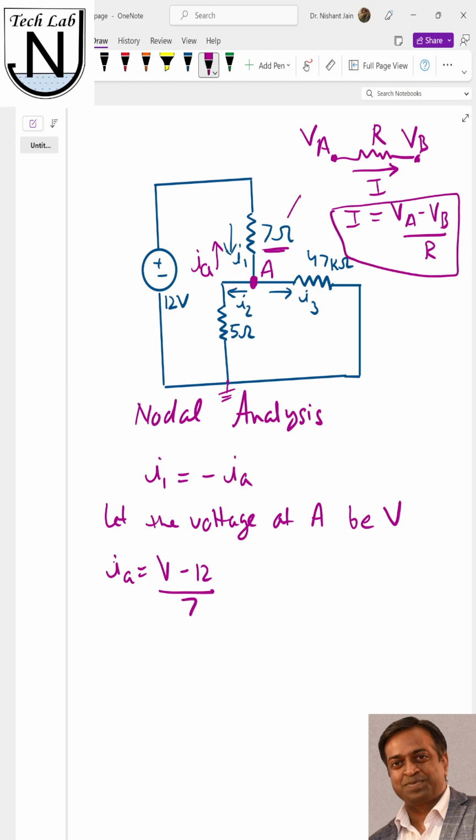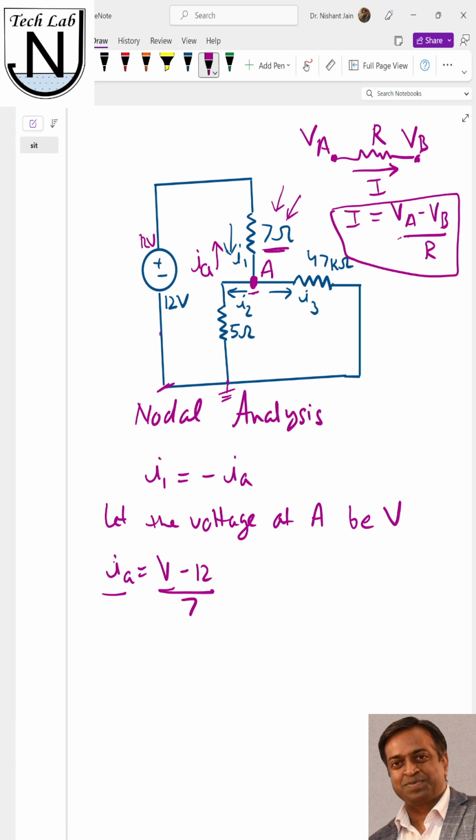When I applied it for the 7 ohm, IA is going from A towards this node, so the voltage at node A is V and the voltage at this node is 12 volt. So V minus 12, and the resistance in between is 7.